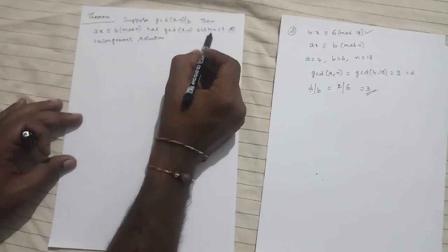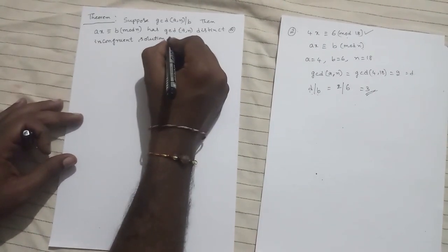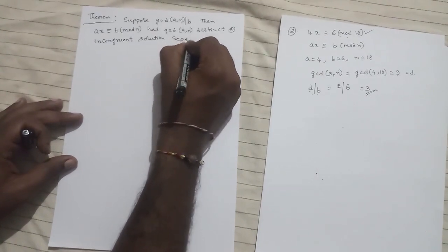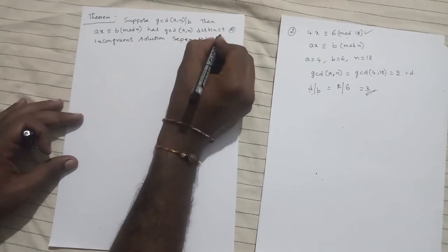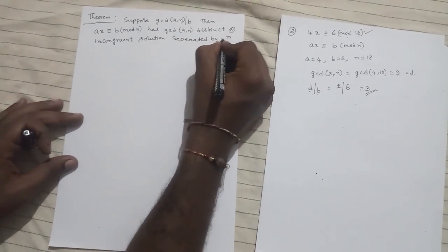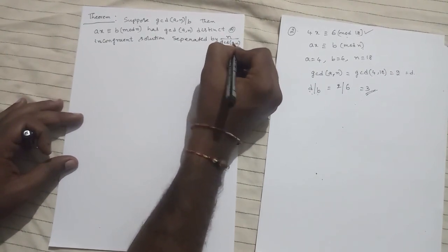Both are the same. Distinct or incongruent, both are same words. Okay. Solutions separated by n divides GCD of a comma n.